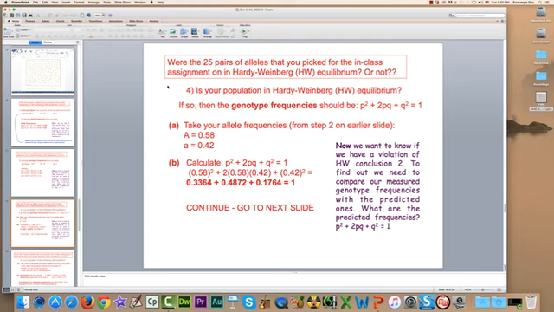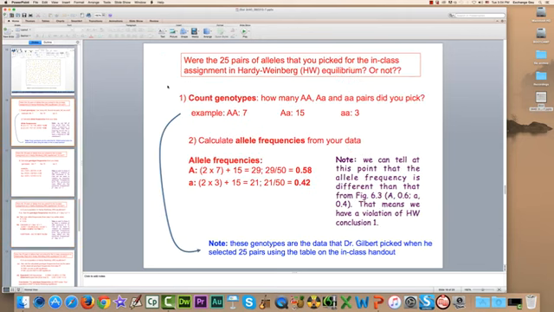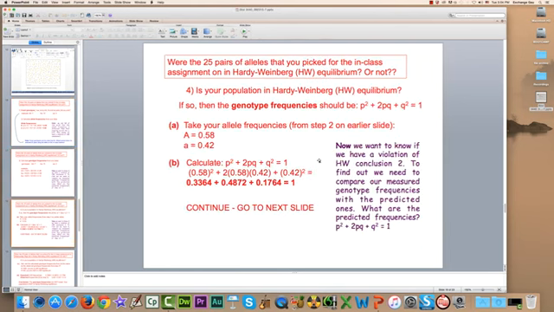So what we're going to do here is take our allele frequencies from step 2 back here. Whoops. There they are, 0.58 and 0.42. This is what we calculated. And we're going to put these allele frequencies into the Hardy-Weinberg expression.